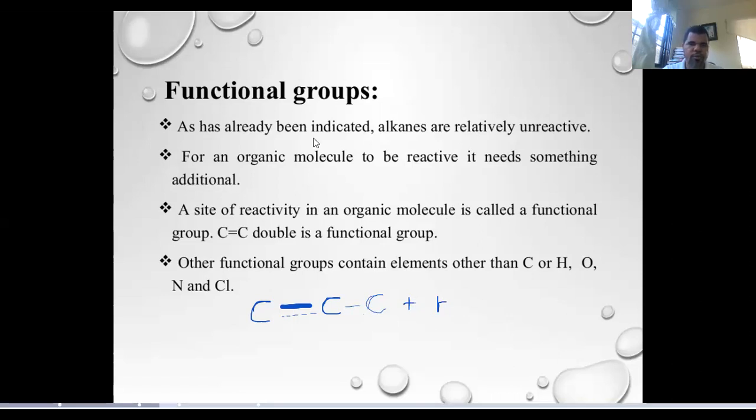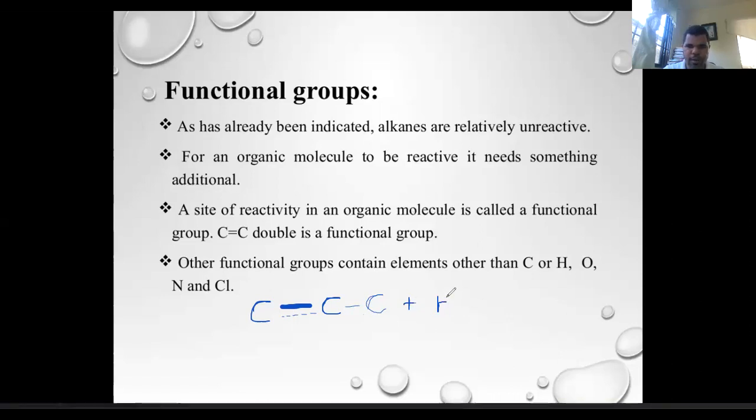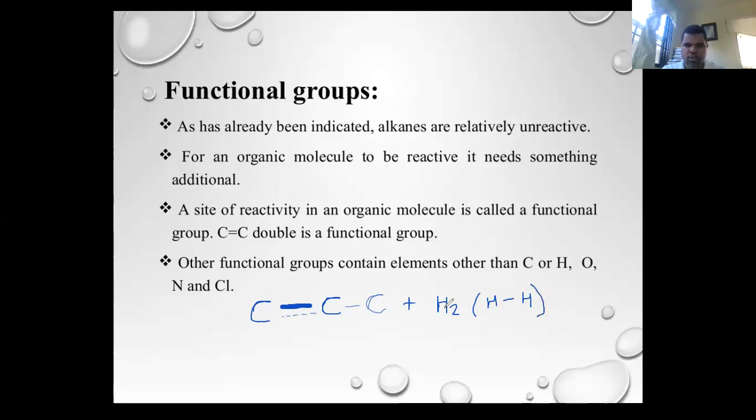Oh boy, I don't know why my mouse is misbehaving like that. H2, this is the same thing as saying H dash H. So 2 hydrogen atoms I have there, okay, H2. So these 2 hydrogen atoms now will separate. Of course, this takes place in the presence of a catalyst.